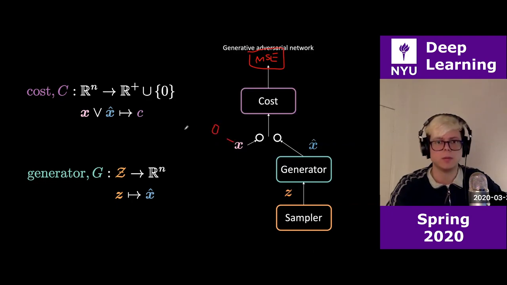It's going to be my Y. And instead, if I input this guy here to the cost network, I expect to have, in this case, an arbitrary plus 10. So my MSE in this case is going to be the mean square error between the output of the cost network and 0. In the other case, I'm going to have the MSE between the output of the network and 10.